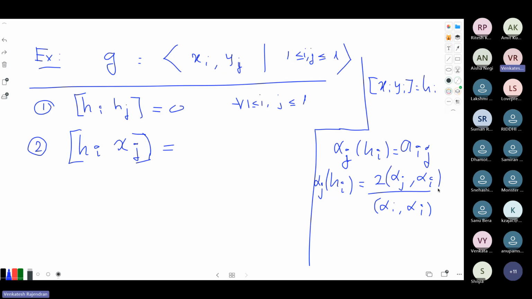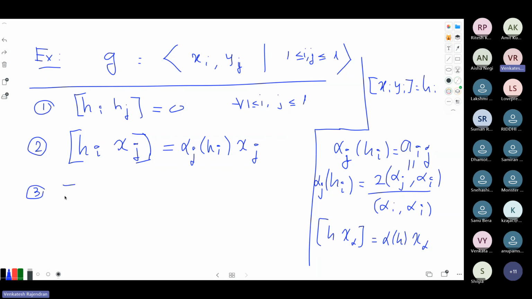That is the notation, and that is the ij-th entry of the Cartan matrix. But it's okay to use these roots in order to write the relation. So let's use that. Basically, you know that h acts on x alpha by alpha of h times x alpha. If you use that, you get here alpha_j of h_i and then x_j. And this is also true for all j.